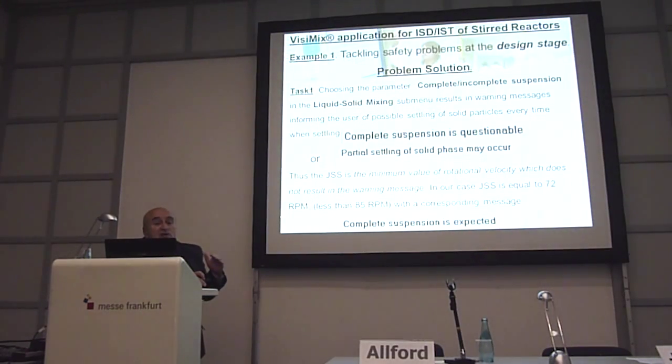And when the rotating speed is less than the just suspension speed, we will get this type of message. Or it's questionable, or there is partial settling at the bottom. And when they are equal, which is at 72 RPM, we will get this confirmation. What is important is that we immediately have a safety gap, because our rotation speed is 85 RPM.